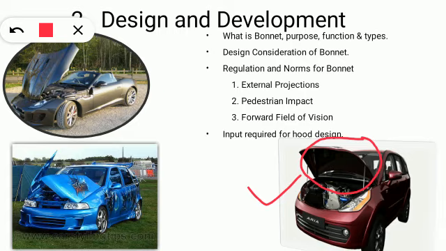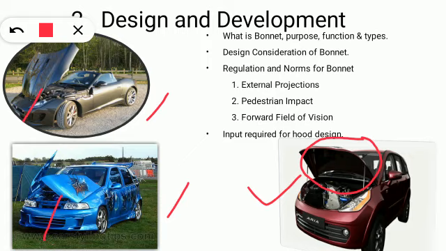And here the two pictures show different designs of bonnet, and one may be simply a folding type. Such designs one can create, and if it is up to the mark and functions very well, then one can develop it.